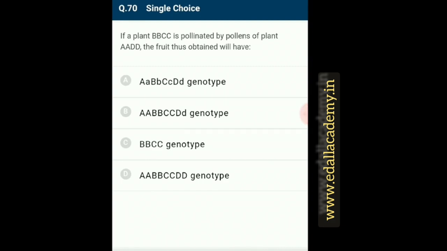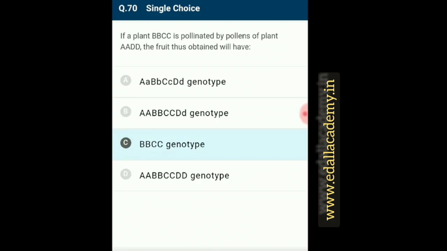Ovary cells are not involved in fertilization. The genotype of the fruit will remain the same as that of the female reproductive organs. The female plant genotype given is capital B, capital B, capital C, capital C. Thus, the fruit obtained will have the same genotype. So the answer for this question is option C. Capital B, capital B, capital C, capital C.